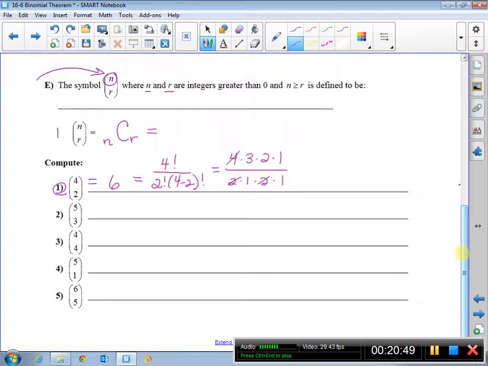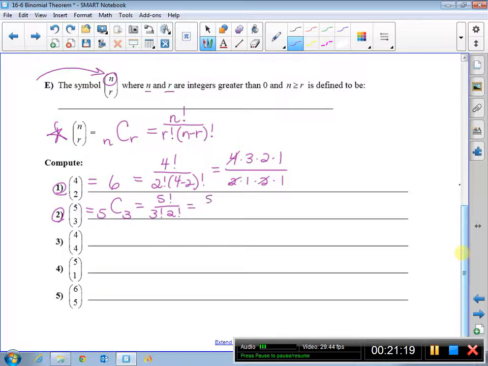So the formal definition, which your calculator does for you, is n factorial over r factorial and then n minus r factorial. So 5 choose 3, let's do it the long way this time. 5 factorial over 3 factorial, 2 factorial.